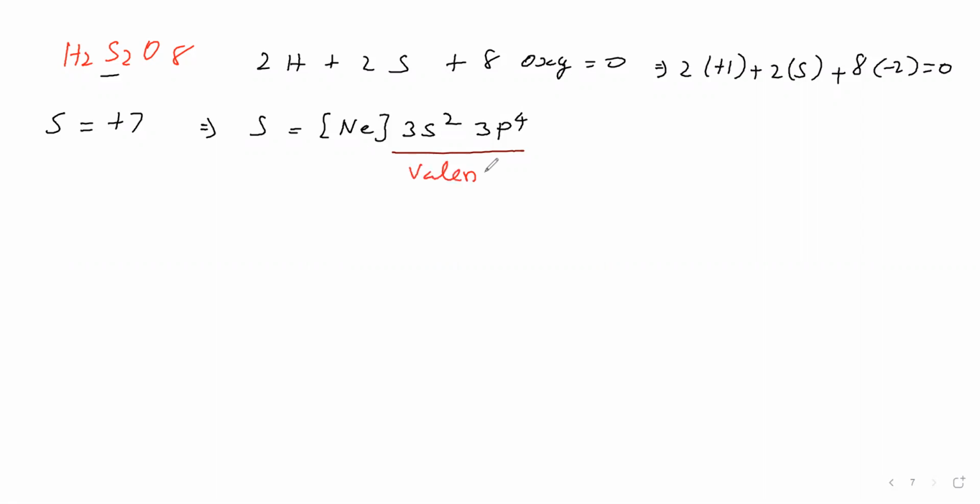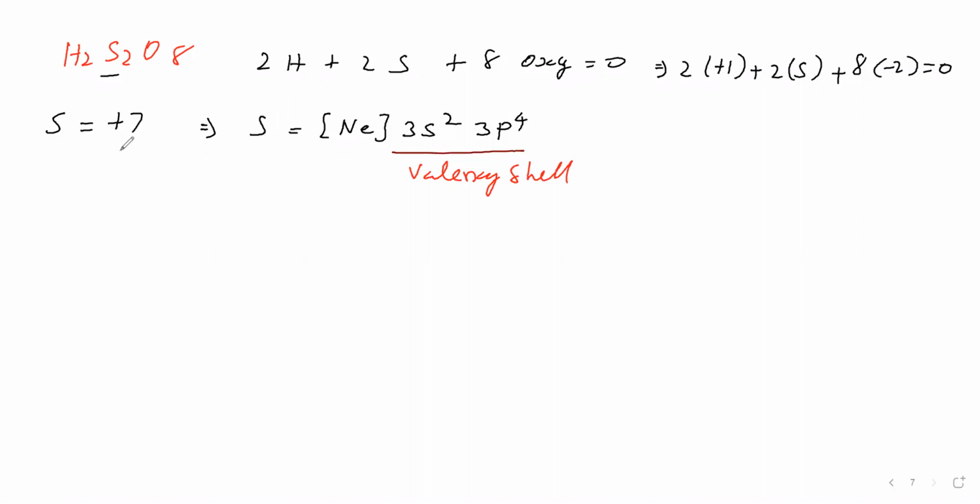Therefore, we can call this the valence shell. The valence shell contains 6 electrons. Therefore, sulfur can donate a maximum of 6 electrons in a chemical reaction. So sulfur can show a maximum of +6 oxidation number. It cannot show more than +6.